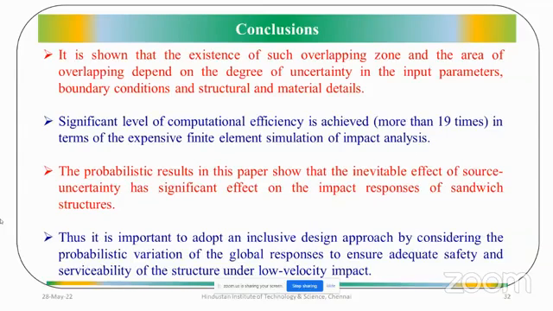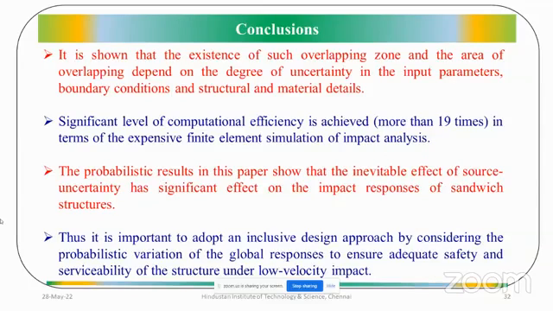As the degree of uncertainty increases, the overlapping zone will increase. It depends on the degree of uncertainty in the input parameters, boundary conditions, and structure and material details. So we need to consider high order buckling modes keeping all these things in mind.